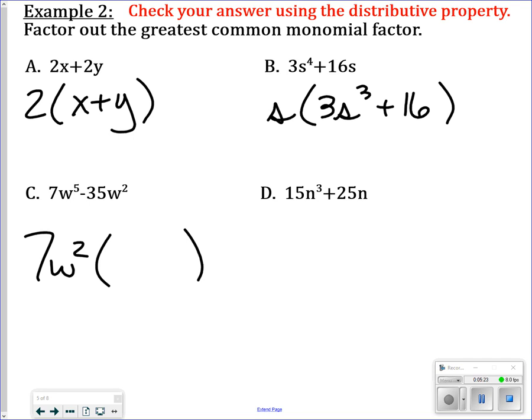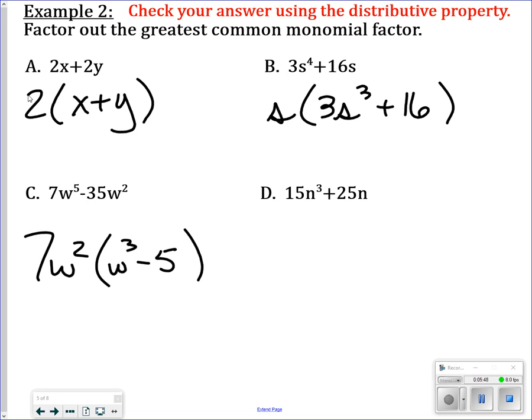If I were to distribute this back in, and I'm not saying you have to show your work here, I would get 7w to the 5th minus 35w squared. So it's the opposite of distributing. I'm taking the number out instead of putting the number in.